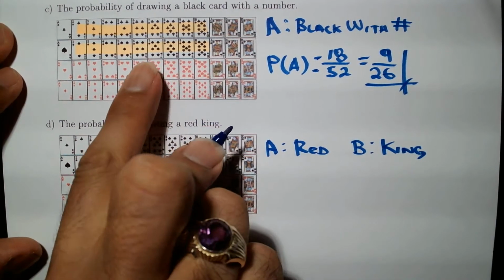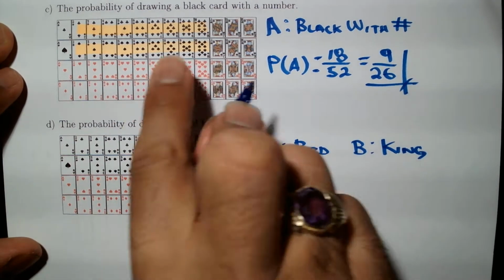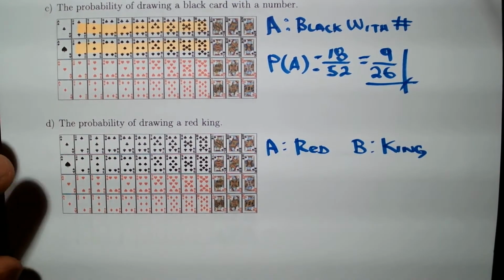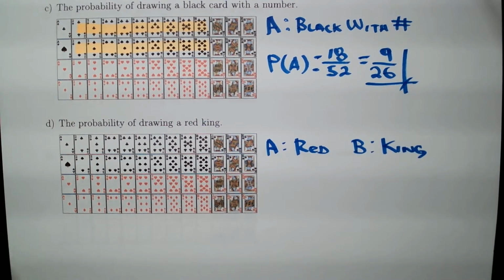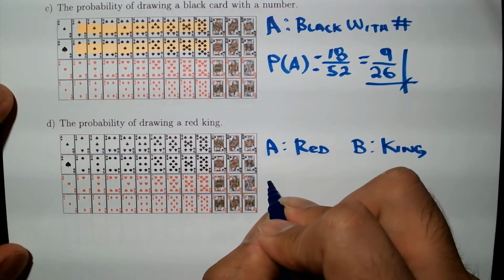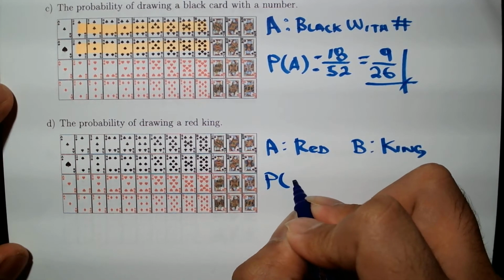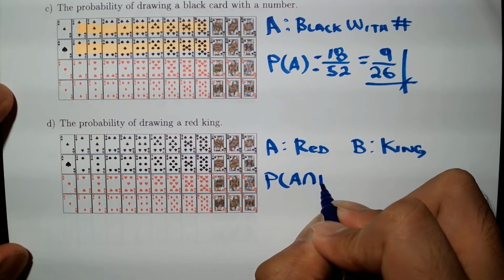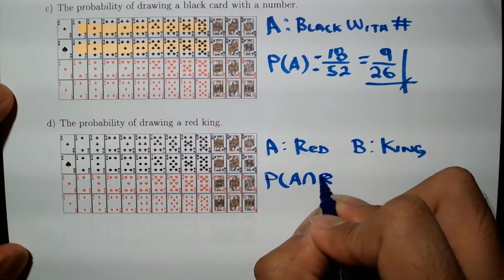I could have done that here as well. I could have defined those events in the previous. Actually, I'm going to do it as soon as I'm done with this example right here. And in this case, it has to be red king. In other words, the probability of having a card that is red and also king at the same time. I mean, it's B, not K.